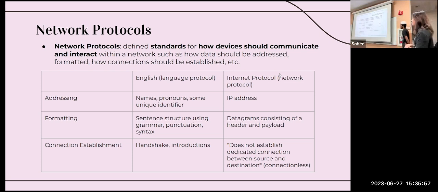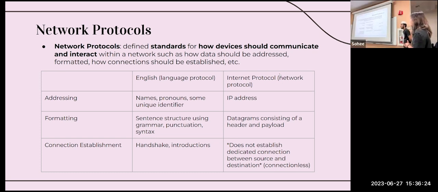For formatting in English, we have sentence structures. We follow a certain set of grammar, punctuation, and syntax. Just like that, in the internet protocol we format packets or datagrams a certain way, which consists of a header and payload. That's how they know this is an internet protocol data packet. And for the English language, we also have a certain way of establishing connections, and that's handshakes, through introductions.